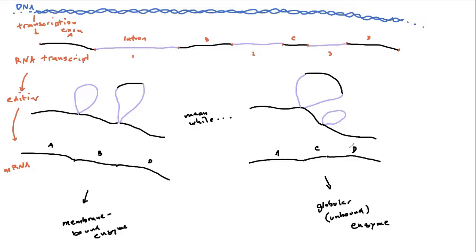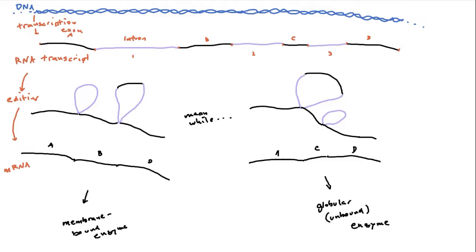Right now, the reason why this is kind of cool is that you've talked about membrane structure and the idea that proteins are going to be associating with membranes. And so let's say that B is the region.